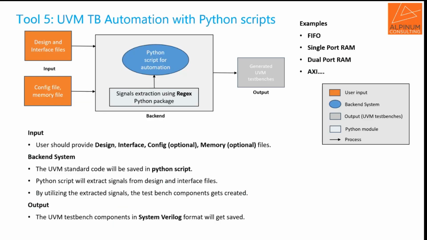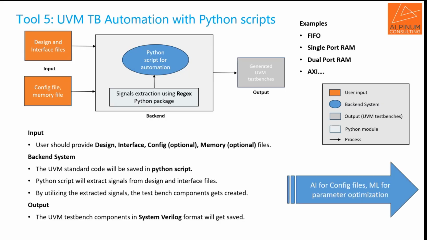So just going a bit more into the details, quickly through this UVM test bench generator that has been shown in the last slide. It is based on a Python script, and it reads the design and interface files and the configuration files, which define all the attributes. As you had seen in the last slide, these configuration files are the main point for this AI and ML model, because they are going to control different parameters and the generation of the test input and the sequences.